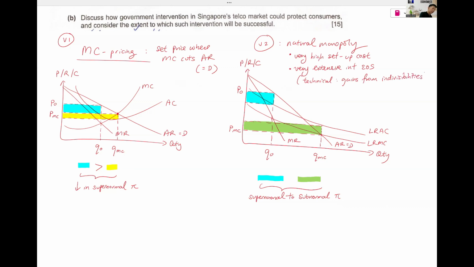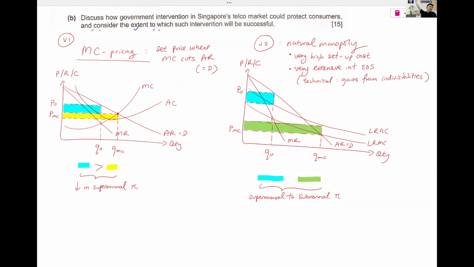Indivisibilities. So if you invest in your satellites, it's a $1 billion thing, right? But to serve one additional customer, the cost is very, very low. Or if I'm PUB, I build the system of pipes to supply every block. If I need to supply one more household within the block, it costs me almost nothing. So how do you tell from this diagram there's a lot of EOS?